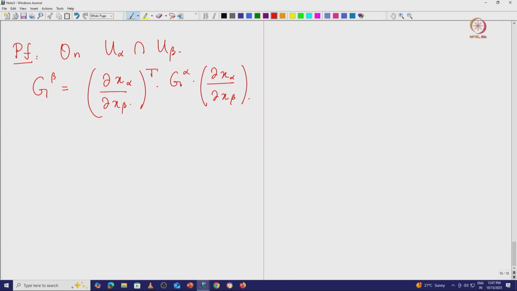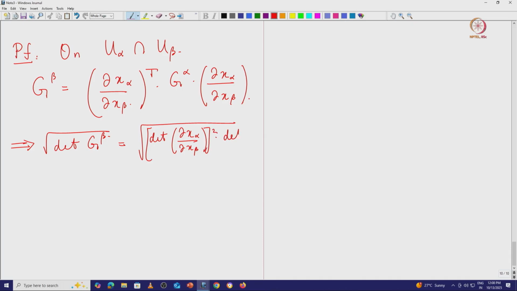If A is the change of basis matrix, then you have A transpose times the matrix of the bilinear form times A, right. So that's this transformation formula. This implies that if you take the square root of the determinant of G^beta, then the determinant of a product of matrices is the product of the determinants, and the determinant of the transpose is the same as the determinant of the matrix. So you are going to get the square root of the determinant of this Jacobian squared times the determinant of G^alpha.